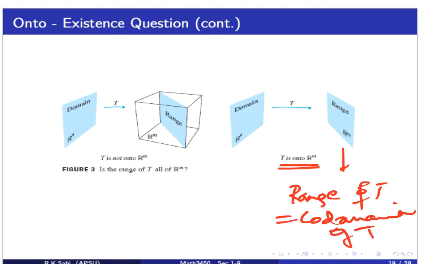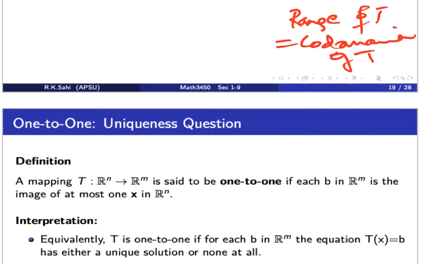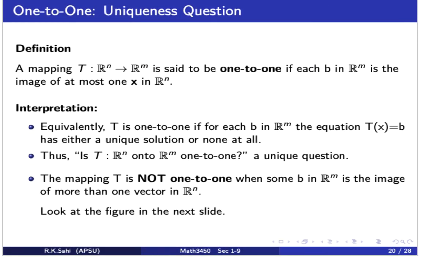Let's look at the relationship of one-to-one and uniqueness in terms of equations. A mapping is said to be one-to-one if every b in Rm is the image of at most one x in Rn. Or the interpretation is T is one-to-one if for each b, the equation Tx = b has either a unique solution or none at all.